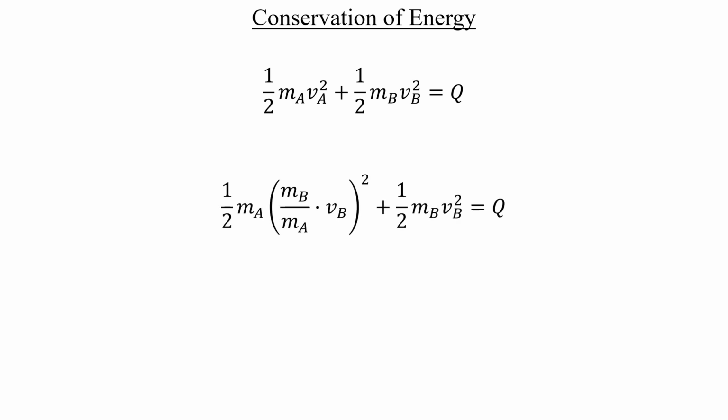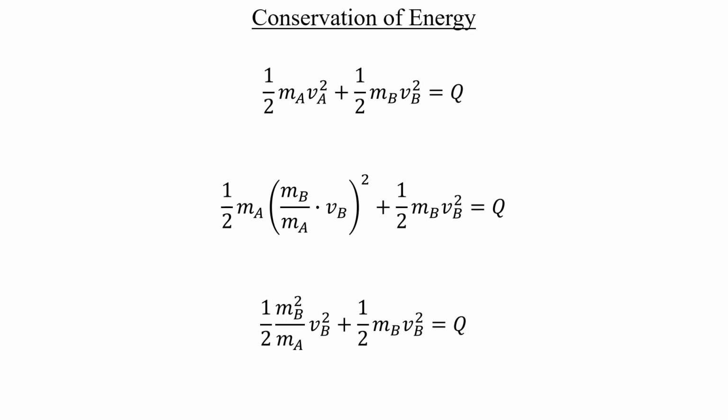We want to square everything inside the parentheses here. And notice we'll end up getting a mass of fragment A squared in the denominator. And one factor of that will cancel out with the mass of fragment A outside the parentheses here. And with that cancellation, here's the result.